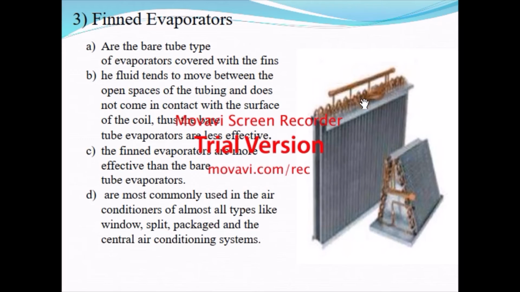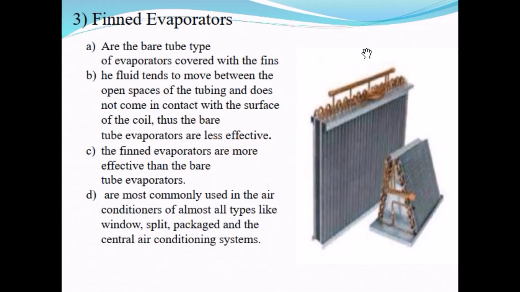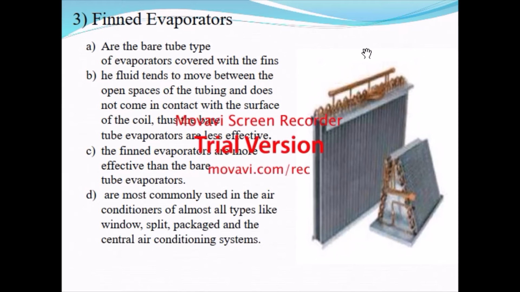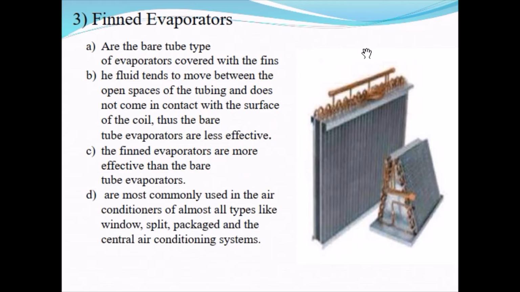This one is very commonly used in the hatchback, very familiar with the hatchback system. We can see this evaporator in every commercial air conditioner sold in the market, right?